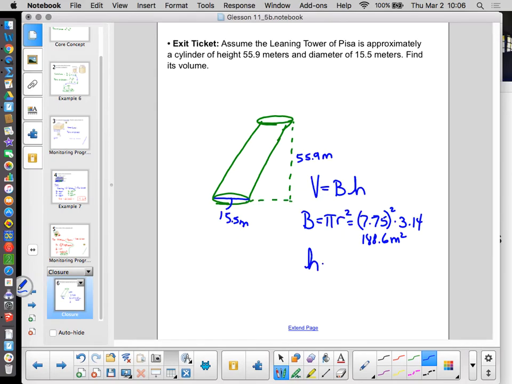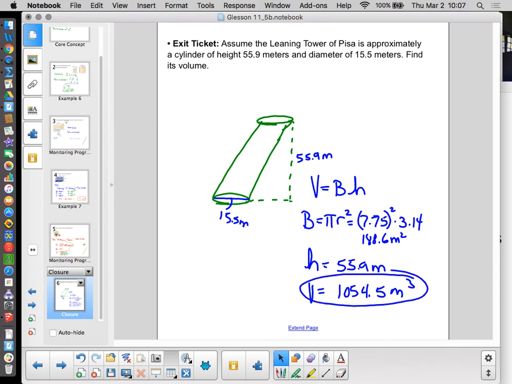The height is given at 55.9 meters. So my volume, we multiply the 188.6 times 55.9, and I get 10,545 meters cubed.